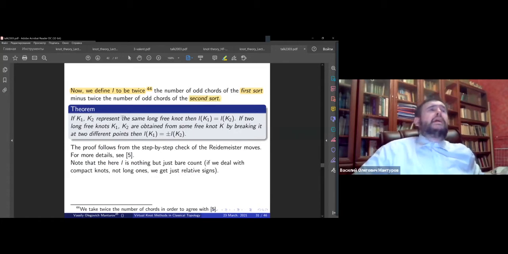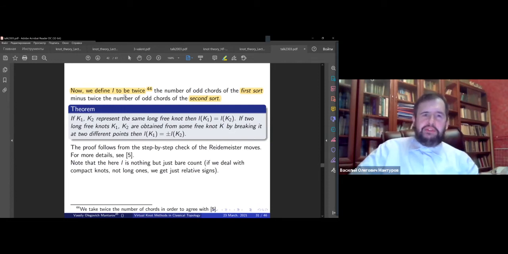Twice because each of those chords has 2 ends. And we have this invariance theorem, which students who carefully analyze the Reidemeister moves can immediately see. Actually the sort of the chord persists the same, although the type can change. So the sort persists the same.